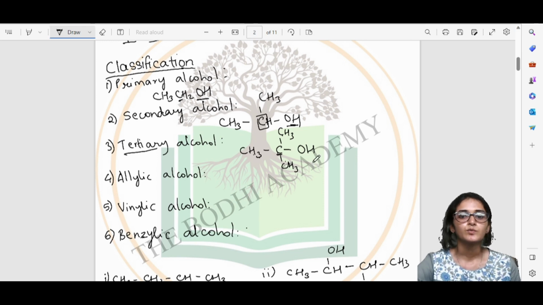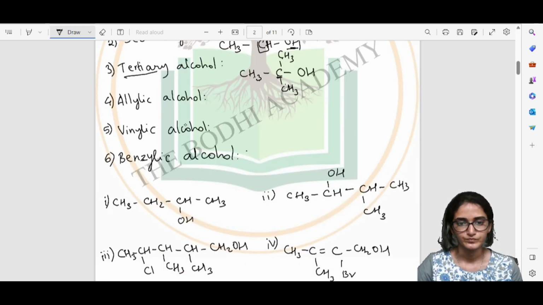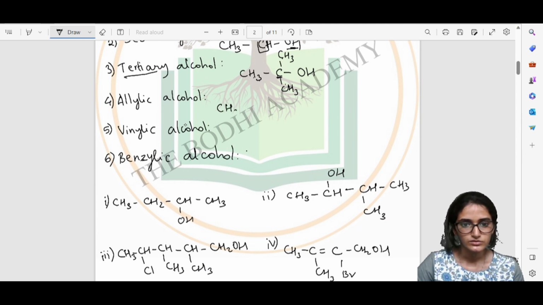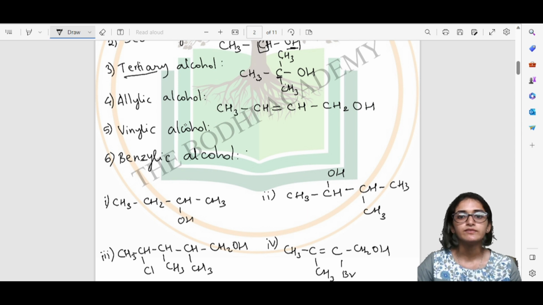The next one is allylic alcohol. I will write the structure here. If this is an alcohol, what you can see here is that this OH is directly attached to this carbon, and this carbon is further attached to a double bonded carbon.